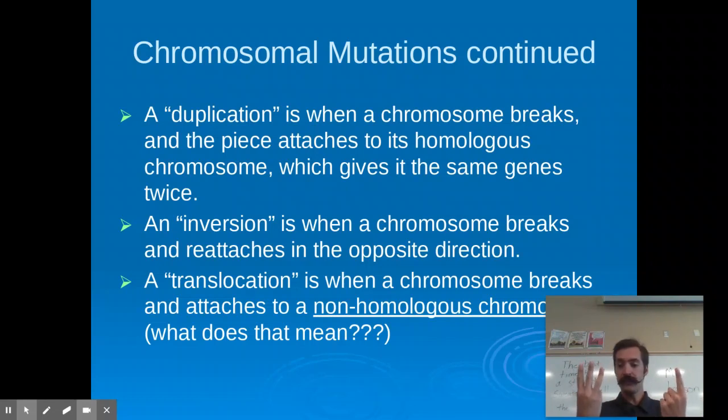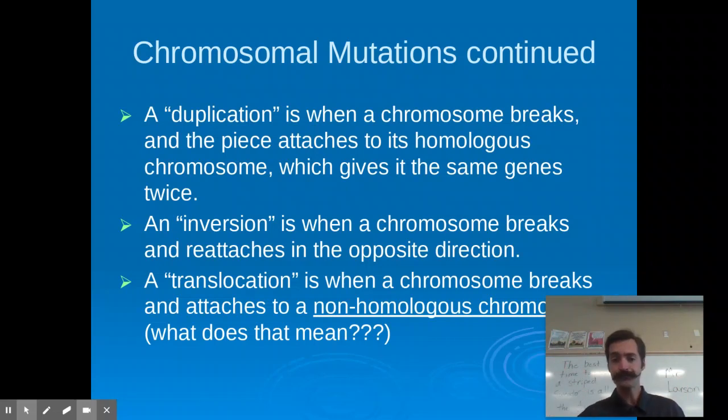So instead of it being even, you now have more genetic material over here and less genetic material over here. The cell with less genetic material is going to have issues potentially creating different proteins, while this cell, which has more genetic material, is going to have issues creating too much of those proteins.